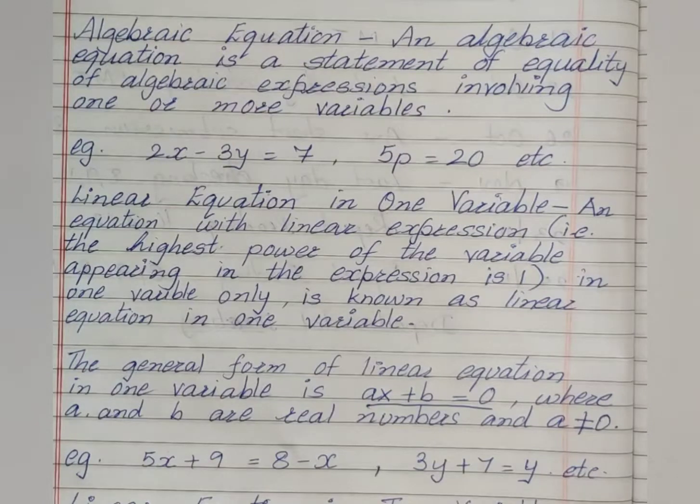We all are well aware of the word linear equations. So let's recall what we have learned in our previous levels. For that, first let's see what an algebraic equation is.